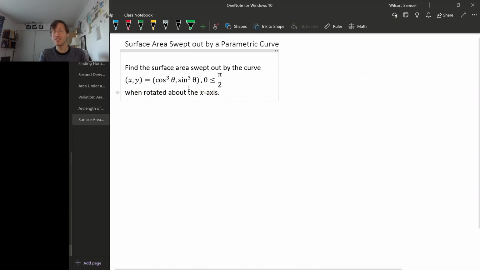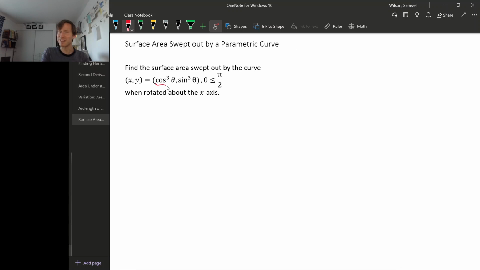Let's find the surface area swept out by this curve when we rotate it about the x-axis. So forget for a second that this is a parametric curve. If we're sweeping around the x-axis, the surface area swept out is an integral of the circumference that you go around, which is 2 pi times the radius, times the bit of arc length that you are sweeping.